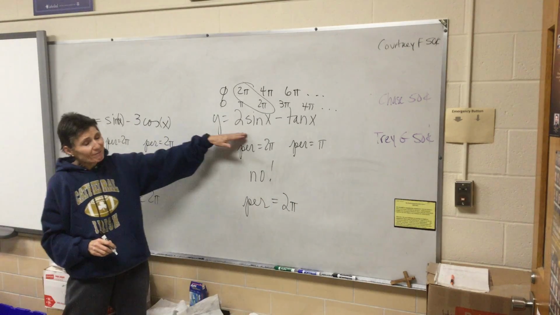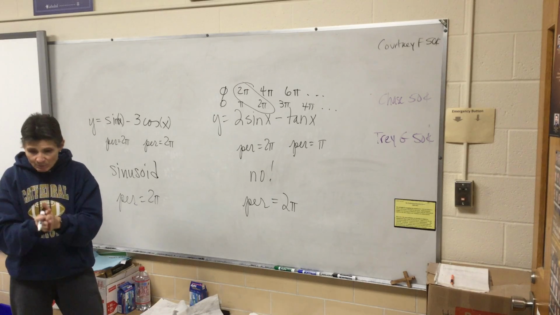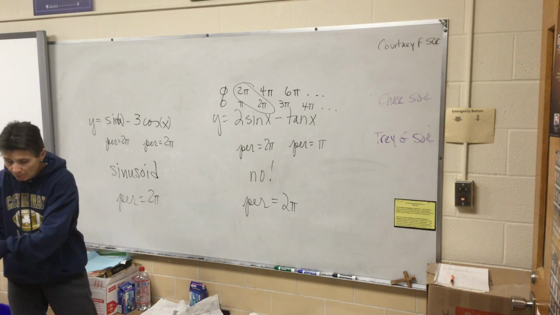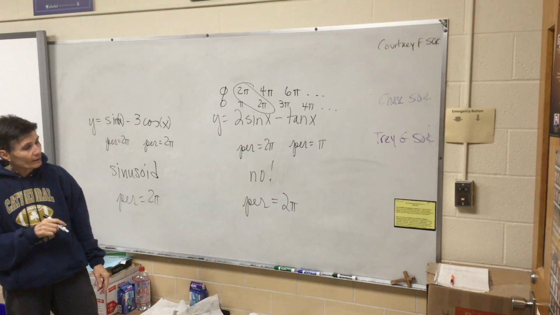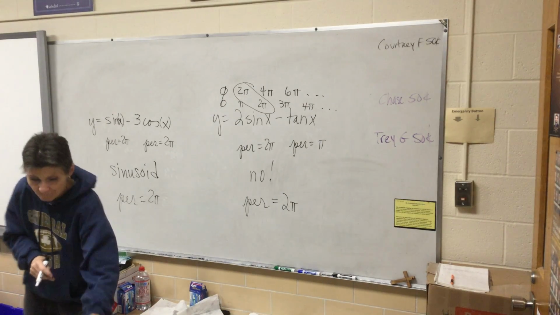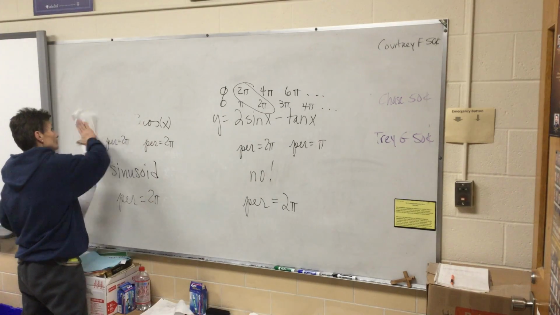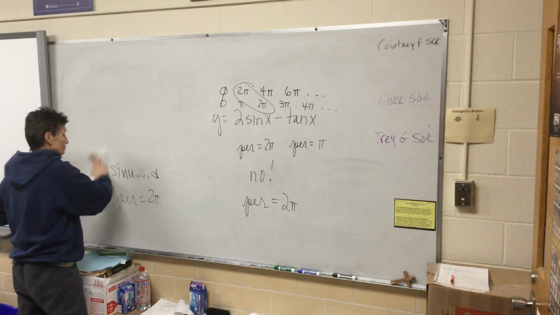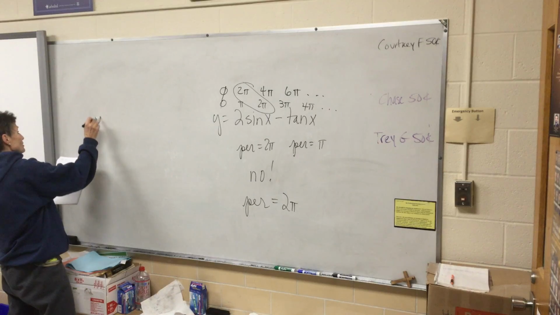If you were to graph this on your calculator, you would see at 0, it repeats itself at 2 pi, and then at 4 pi, and so on, forever and ever. All right, let's look at the next one.